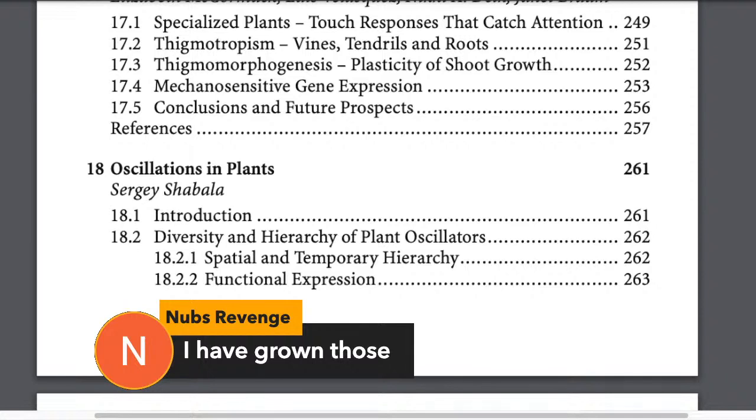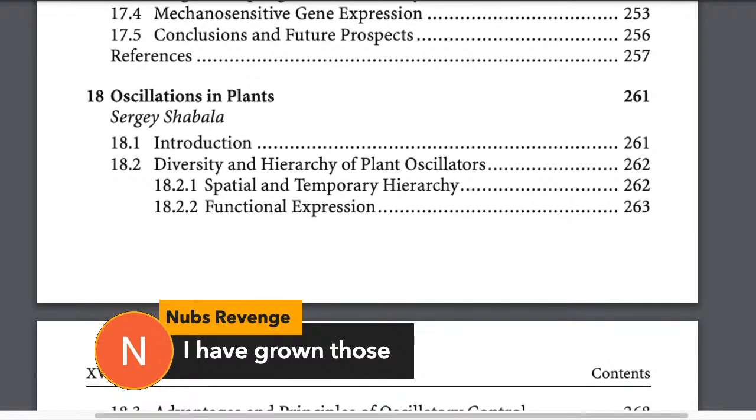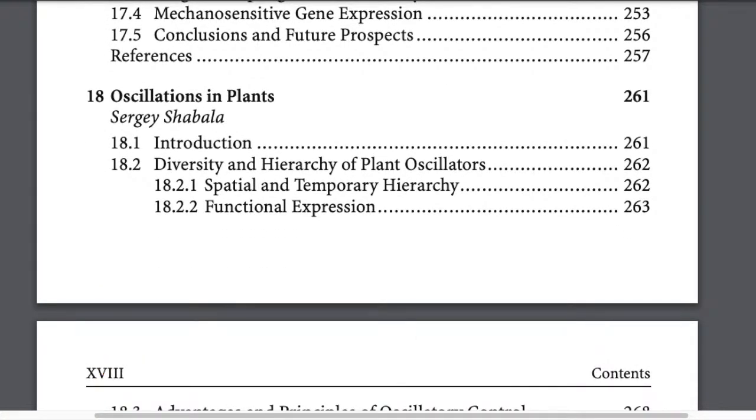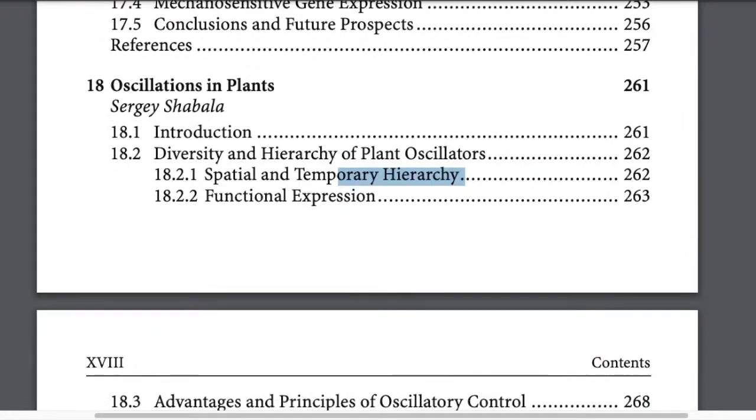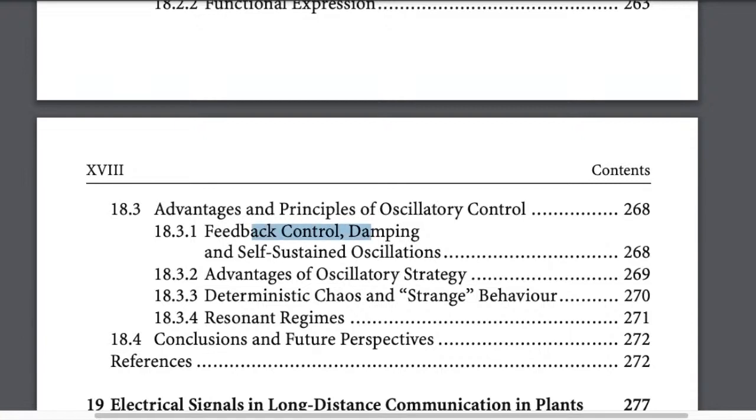So touch responsive. So oscillations in plants. This looks pretty interesting. We've got, let's see here, introduction, hierarchy of plant oscillators, spatial and temporal. So it's feedback controlled self-sustained oscillations. Advantages of oscillation strategy.